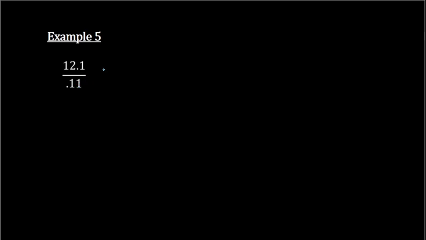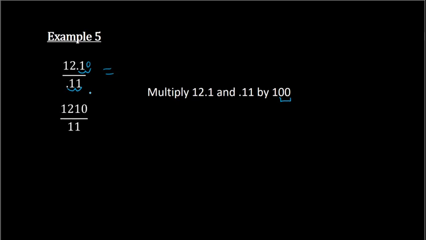So what we must do is get rid of the decimal in the denominator, and so we need to move it over 2 places to the right, which means we're multiplying by 100, right? Because 100 has 2 zeros after, which is the number of places our point is moving. And then do the same thing on the top. Move it over 2 places, 1, 2, and we're going to get 1,210 on the top, and then 11 on the bottom. Now from here, we can divide like normal.